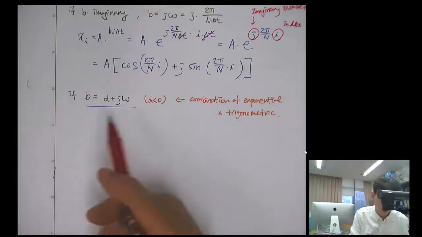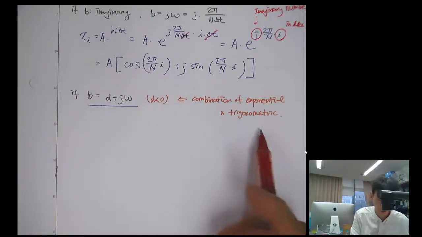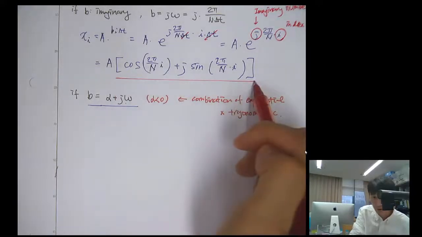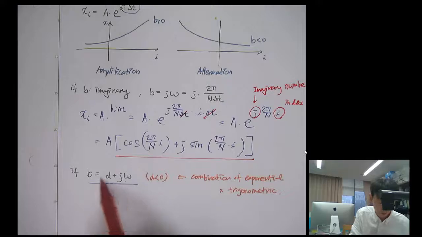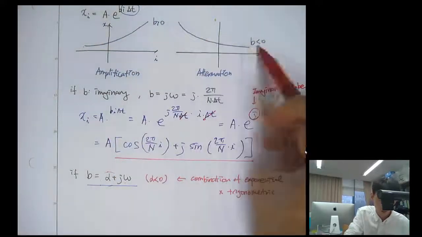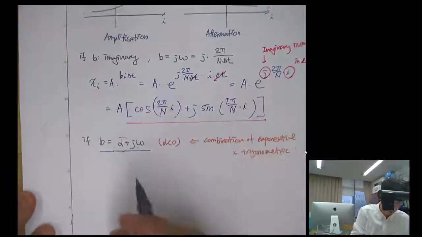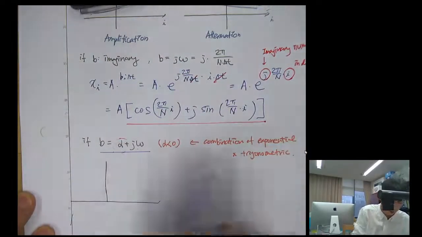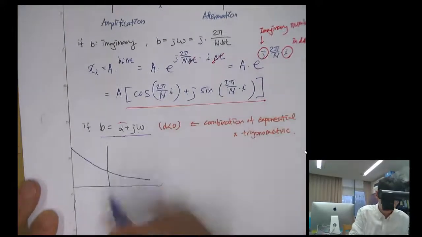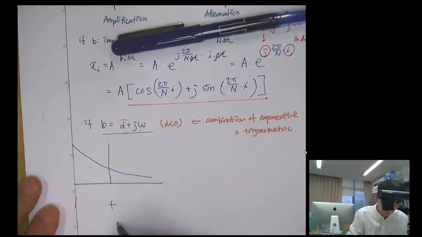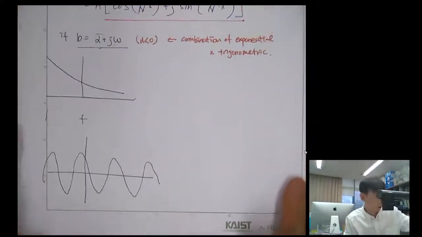Then it's a kind of combination of the exponential function and the trigonometric function, right? When b is just j omega, it's a trigonometric function like this. When b is just a real number, then it will be an exponential function like this, because alpha is now a negative value, it's going to be like this. So it will be something like this function plus this function, right?